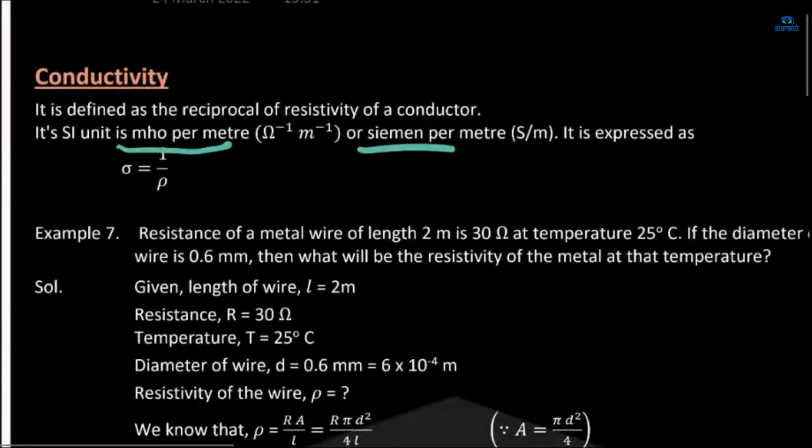So what do we have? Conductivity is the reverse of resistivity. The unit of resistivity was ohm meter, so the unit of conductivity will be per ohm per meter.